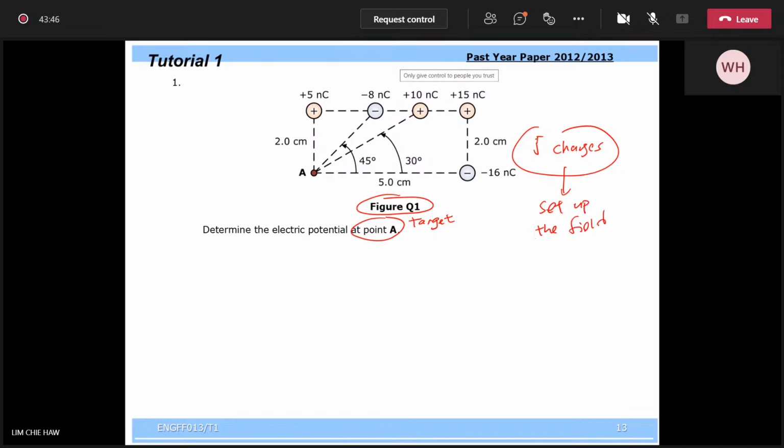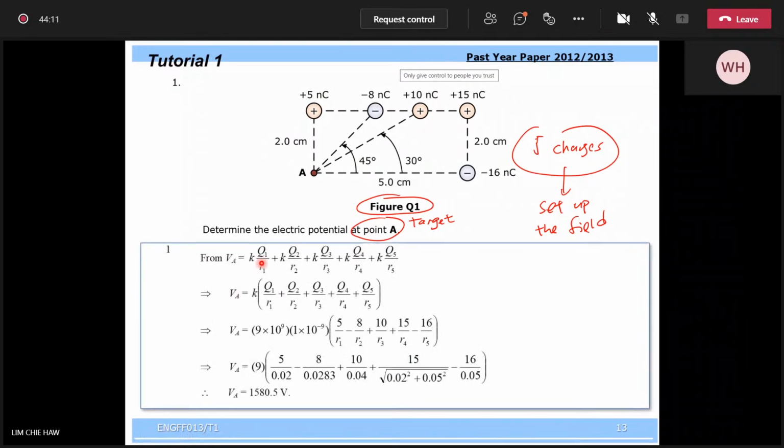What you need to do is get the electric potential at this target point, point A. Still remember what I mentioned just now: if you have 5 charges setting up the field, how many potentials are there? There will be 5 potentials.